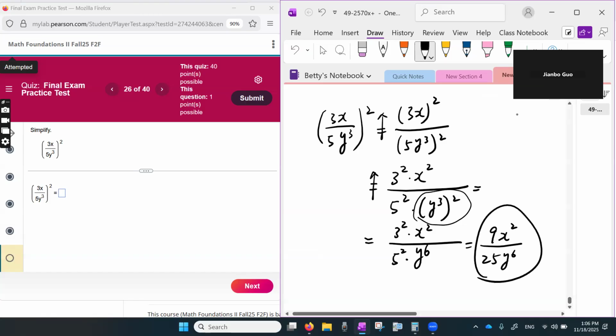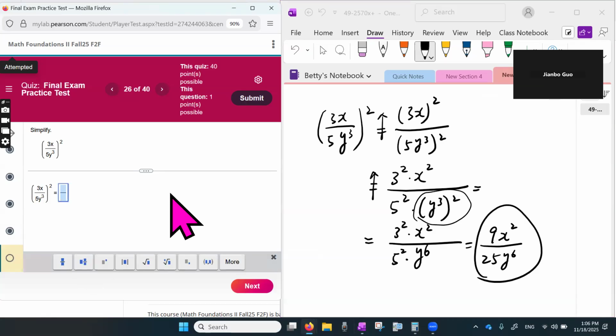And this is the final answer. We're going to have a quotient. Numerator 9x squared. Denominator 25, y to the power 6.